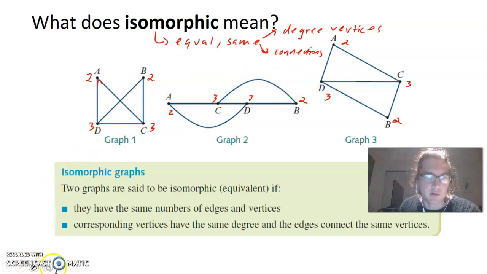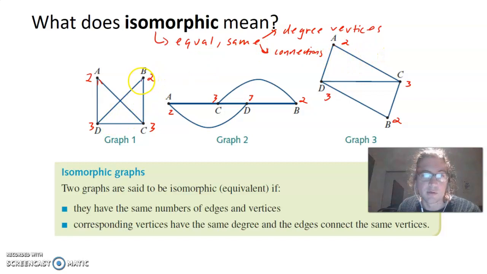Now what we need to do is check that they're connected in the same way. If I look at A, it is connected to D and C in the first one. In the second graph, A is connected to C and D, so that matches up. In the third one, A is connected to D and C, and that's the only way it's connected in all three graphs. So that's working out well.